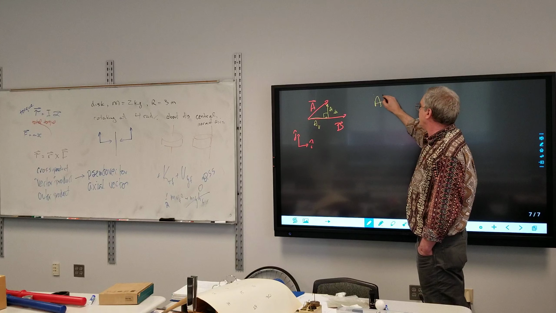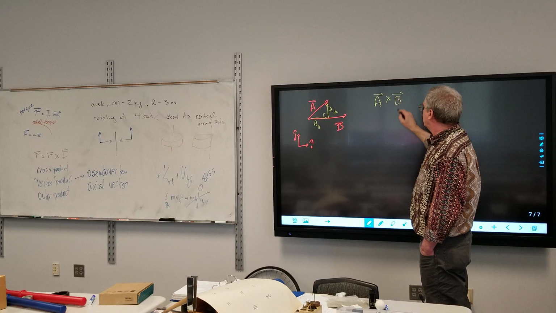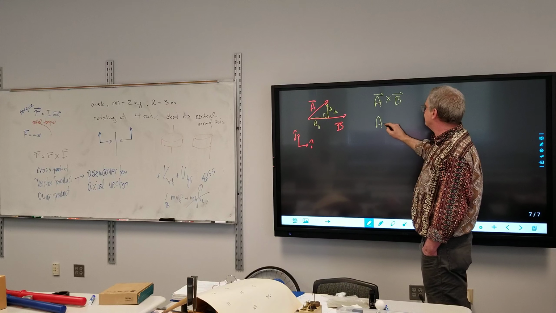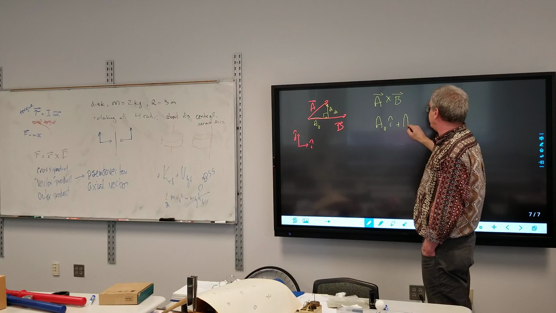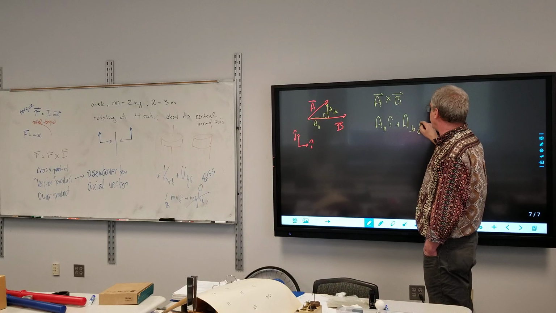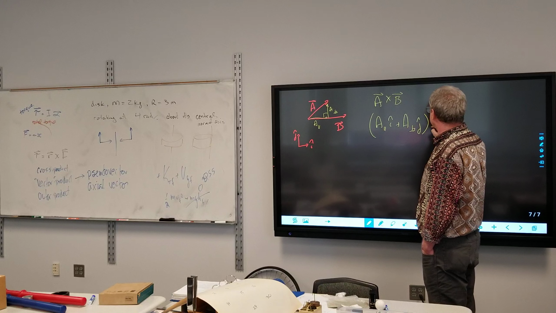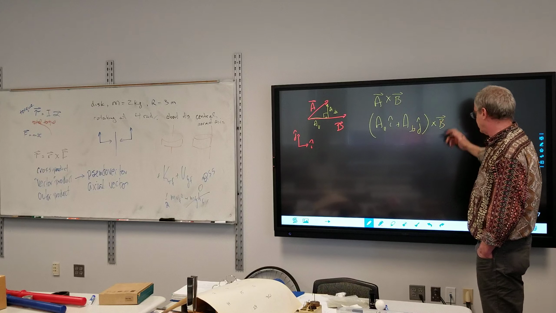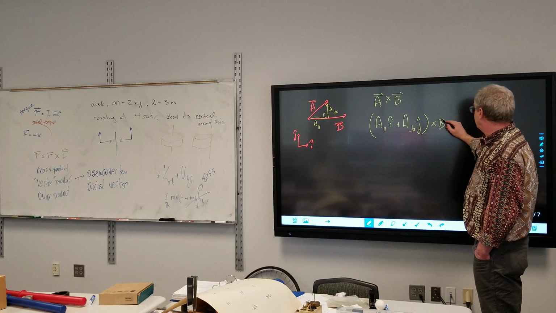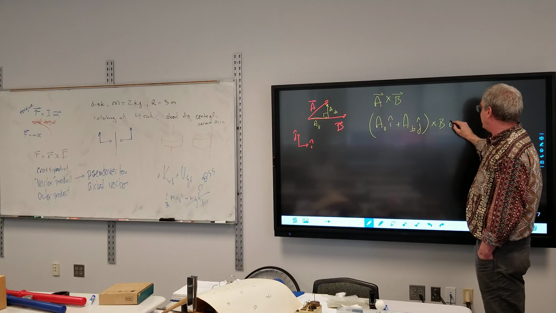So A cross B is A parallel I hat plus A perpendicular J hat cross B, which is just B I hat.